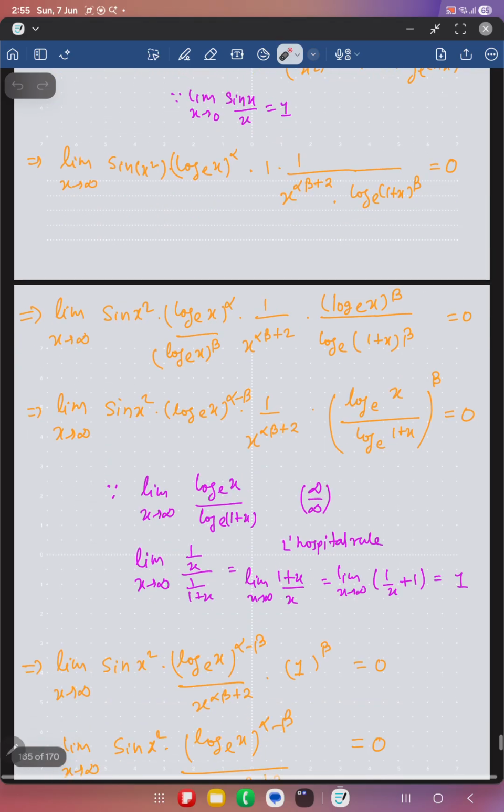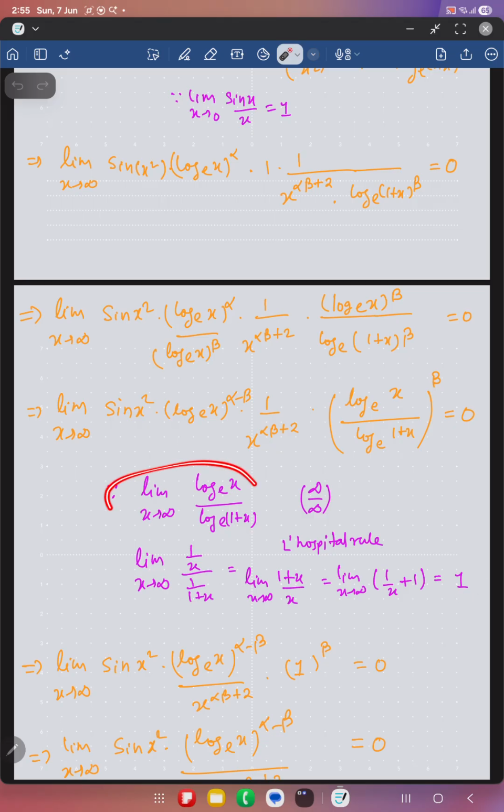Now one more thing we know, that limit x tends to infinity log e x upon log e of 1 plus x takes the form of infinity by infinity, and if we apply L'Hospital rule, then the numerator will give you 1 upon x and denominator will give you 1 upon 1 plus x, which in turn gives 1 plus x upon x. So when x tends to infinity this will reduce to 1 upon x plus 1, which gives you 1.